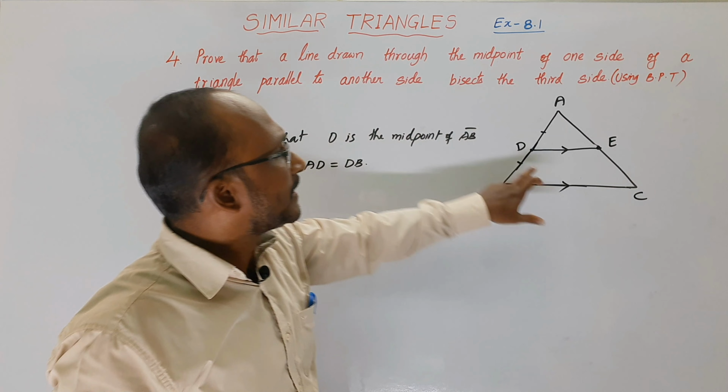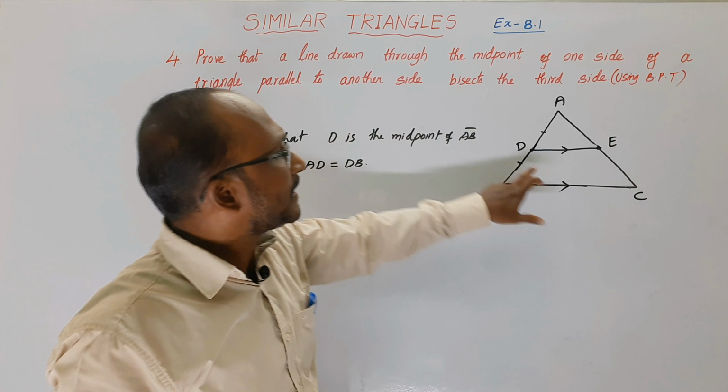So for that, let us take one triangle and name it ABC. Now in this triangle ABC, let us mark the point D, which is the midpoint of AB. Through this midpoint of one side AB, let us draw the line parallel to another side.